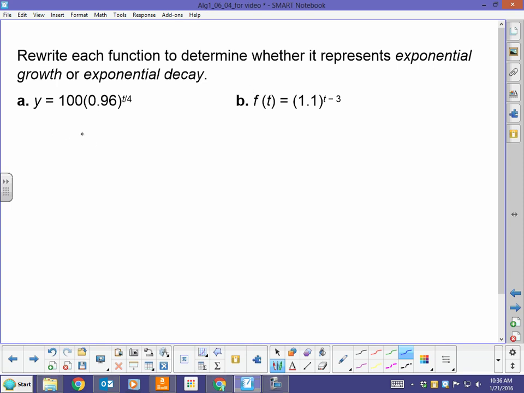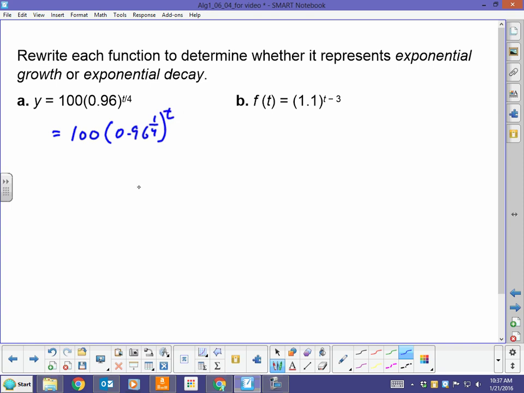So the first thing I want to do here is rewrite this and think about this in a different way. Think of this as 0.96. Think about our rules for raising to a fractional exponent, and we're kind of going backwards here. I'm going to think of this as 0.96 to the power of 1/4, and the whole thing now will be raised to the power of t.